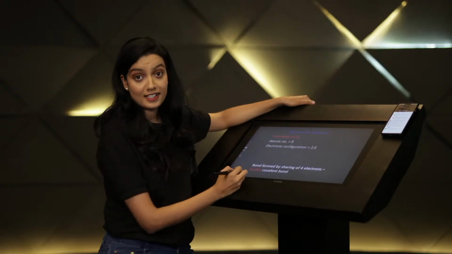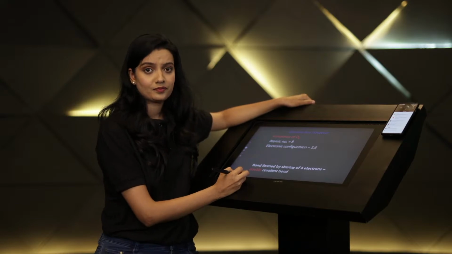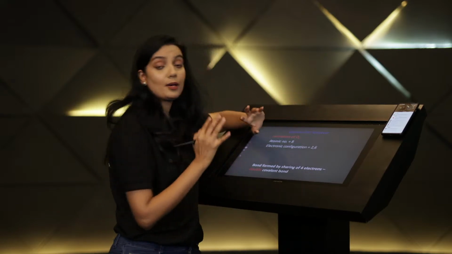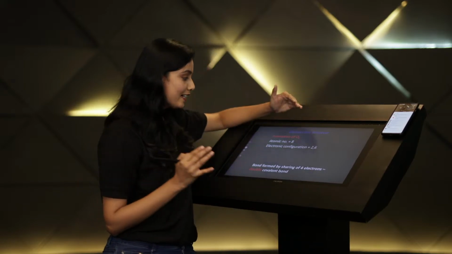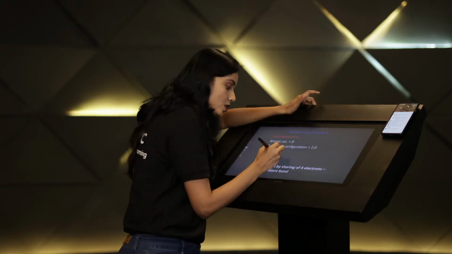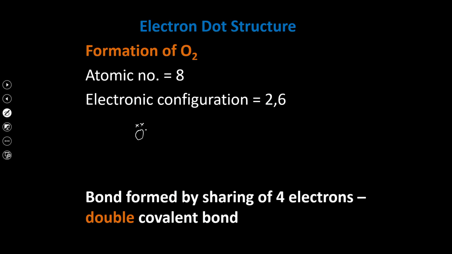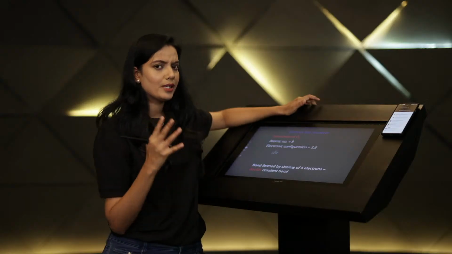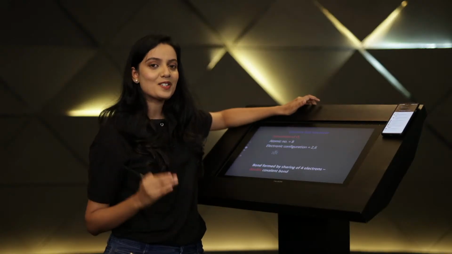Now, let us take another example, oxygen. The atomic number of oxygen is 8 and the electronic configuration is 2, 6. That means oxygen has 6 electrons in its outermost shell. How many electrons does it need to complete its octet? That is 2.